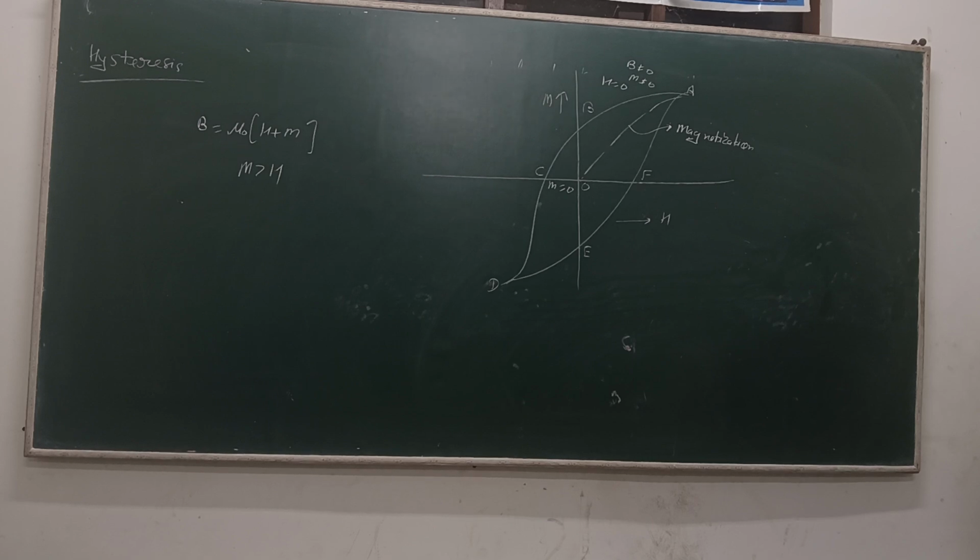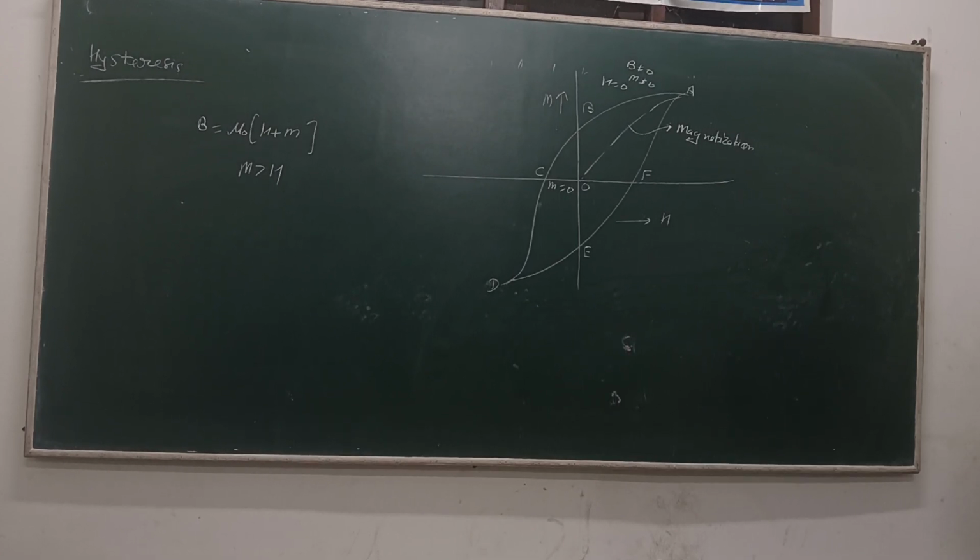This is known as the coercivity of the material. If the graph is between B and H, then it must be noted that the value of H at which B is equal to 0 is not the coercivity. When B is equal to 0, M is equal to minus H, and the value of M is left positive.